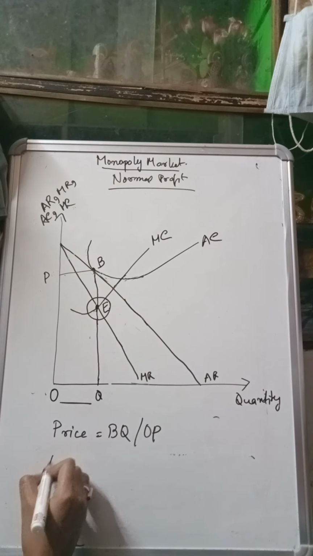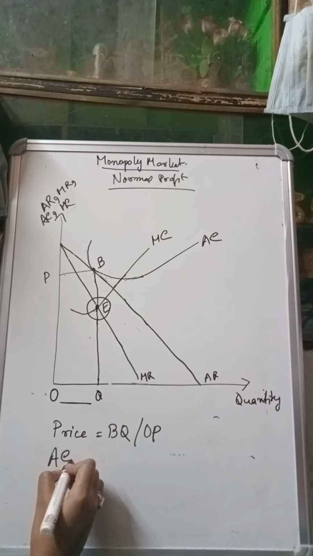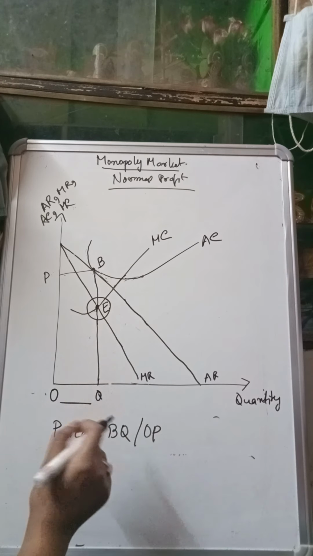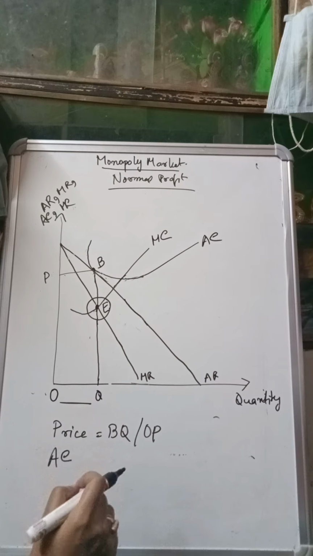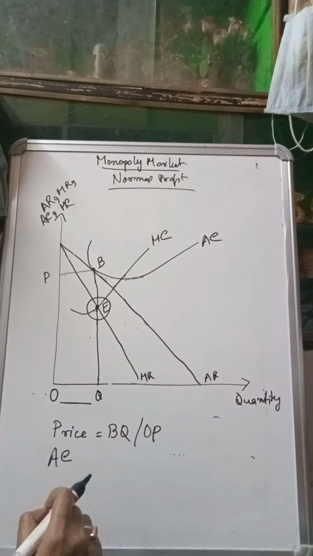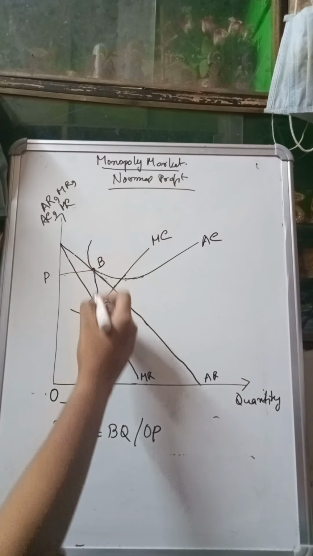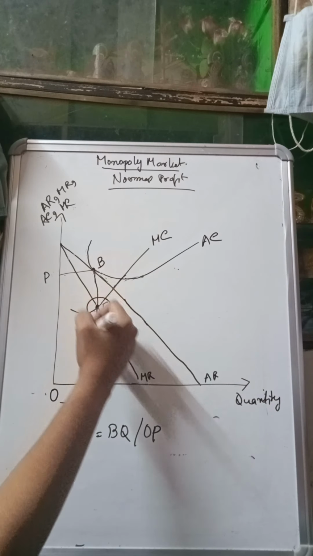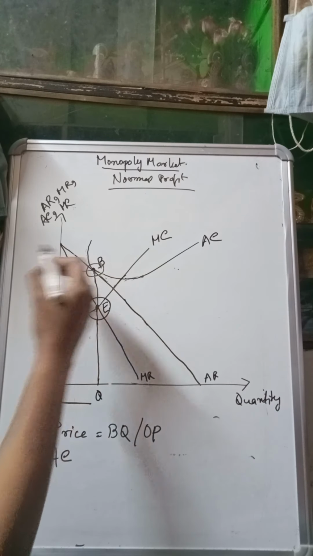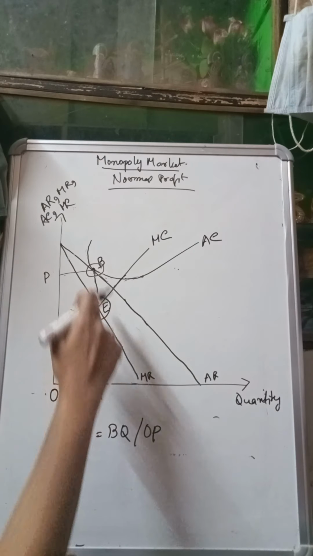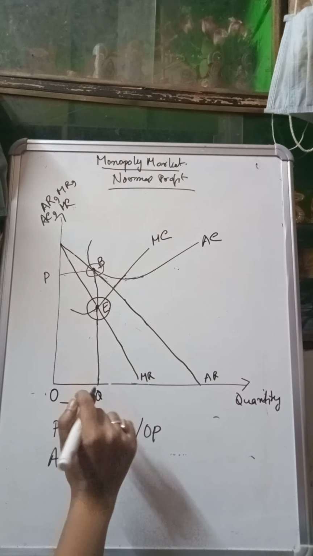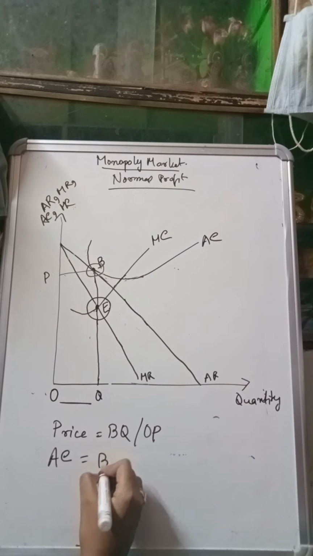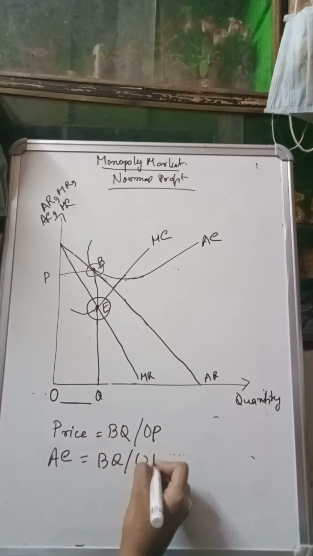And what is my average cost over here? Average cost you will determine from the point where it intersects this line, that is the BQ line. The average cost has intersected this BQ line at point B, so my average cost is also BQ, and BQ is also equal to OP.